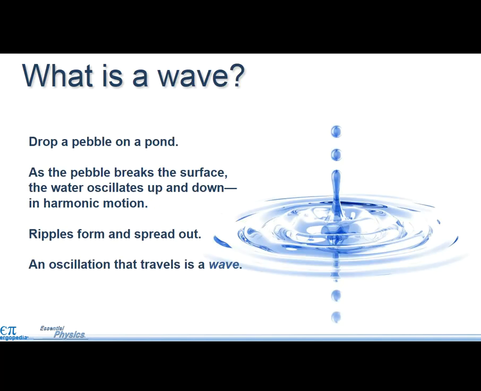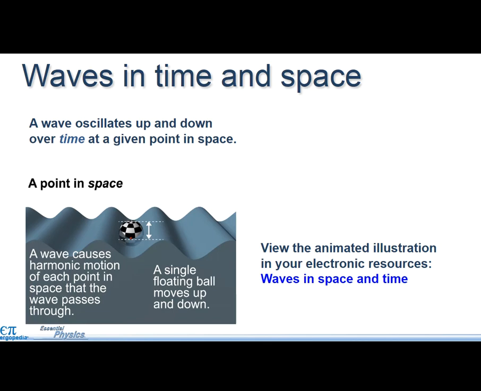So here's the deal. If you dropped a pebble in a pond, and the pebble breaks the surface, the water oscillates up and down. That's harmonic motion. The ripples form and start spreading out, and this type of oscillation is called a wave. So if we had a wave oscillating up and down over time in a given space, then we could see that this ball is going up and down.